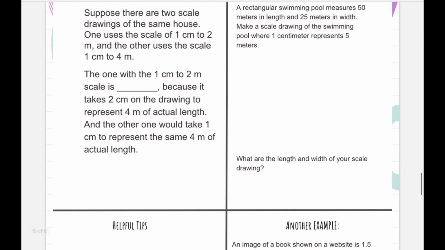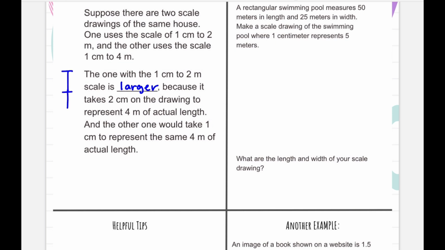And the one with the 1 centimeter to 2 meters is larger. It always feels backwards why that is, but it's because it takes 2 whole centimeters to represent 4 meters. So, again, let's approximate.